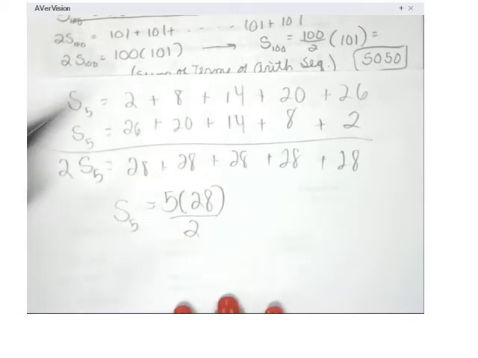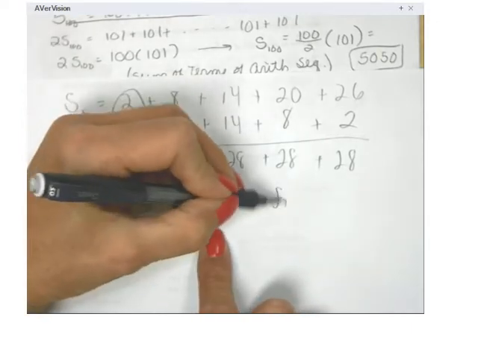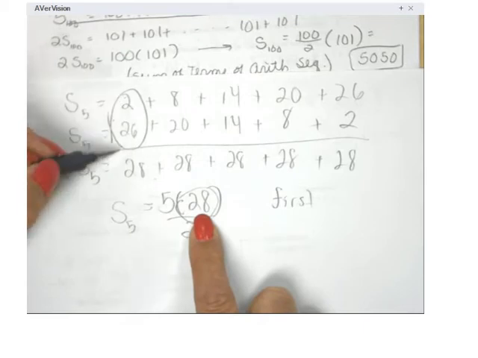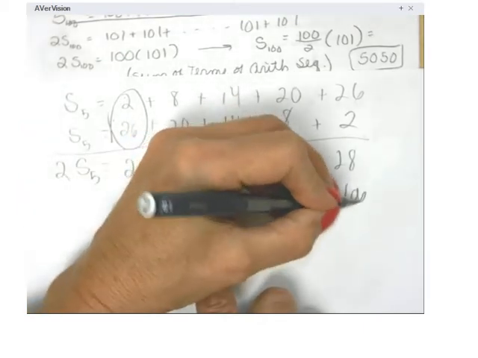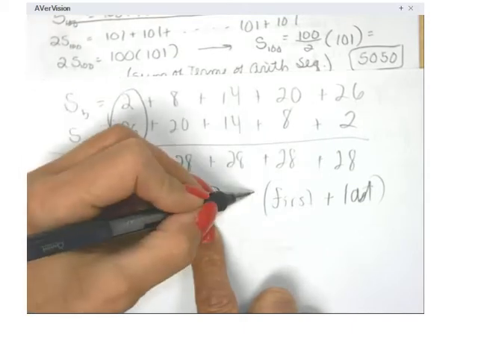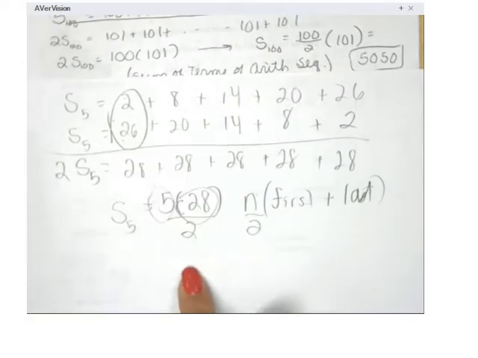But in essence, think what happened. This is really the first number plus the last number, which is the 28. And then it was multiplied by how many numbers you were going to have, divided by 2. And he saw that that pattern worked all the time.